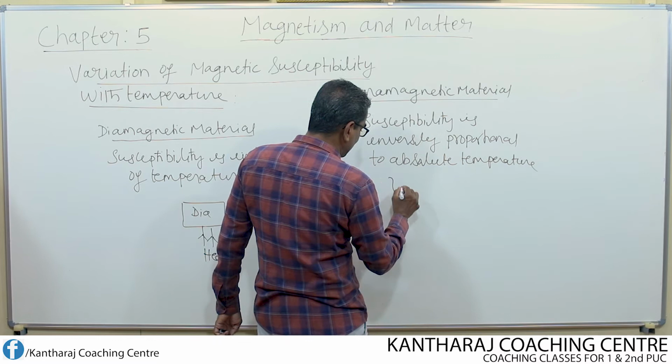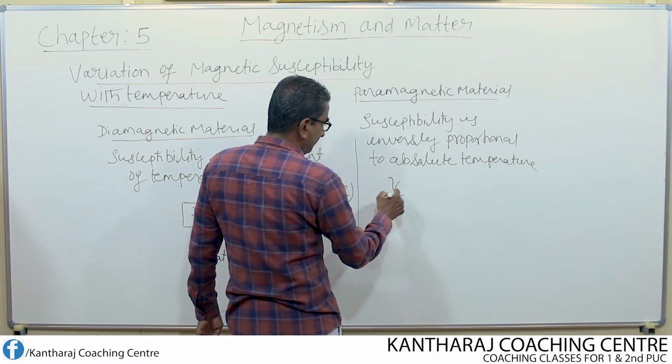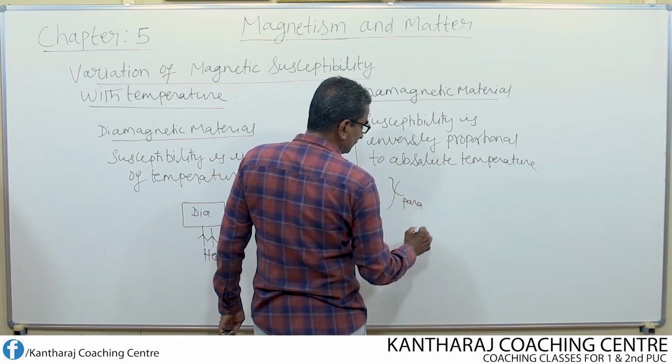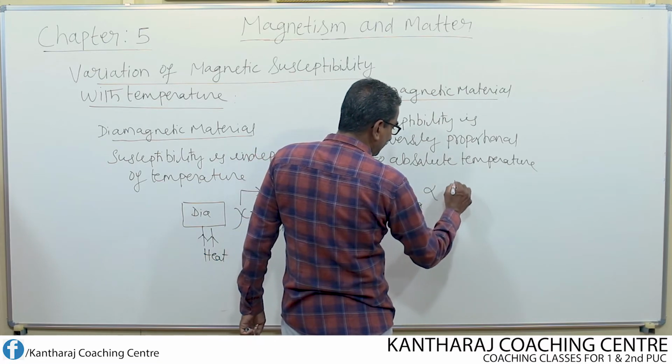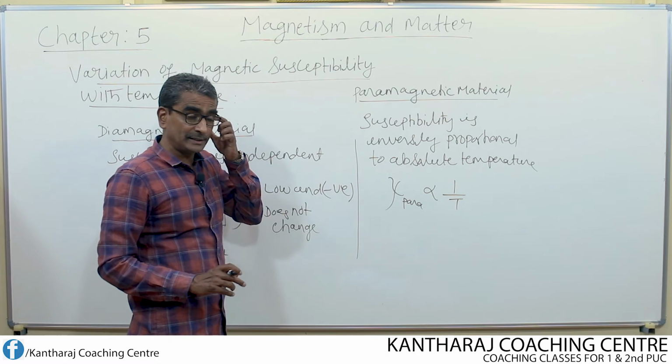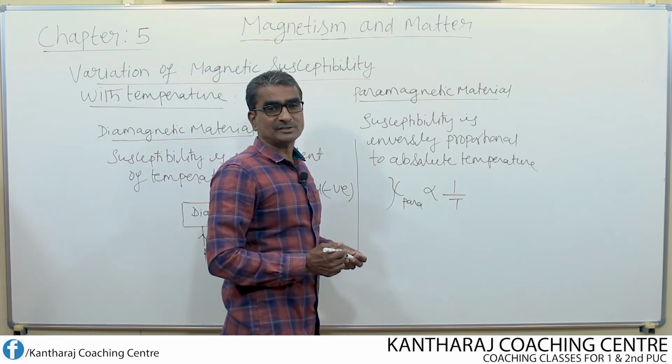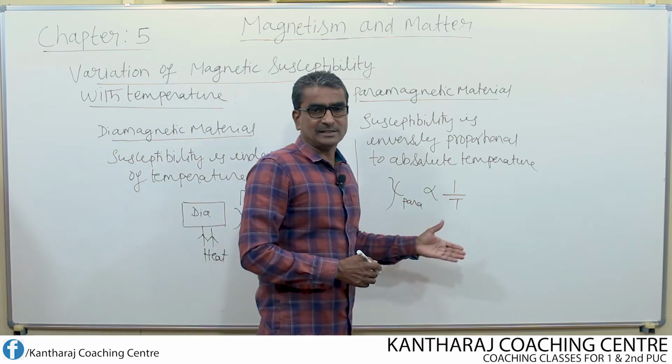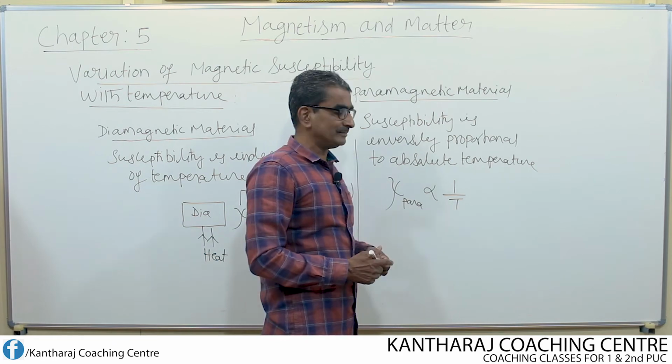So susceptibility of paramagnetic material is found to be inversely proportional to absolute temperature. So better write capital T, don't write small t. Small t refers to temperature in Celsius. So capital T generally refers to temperature in Kelvin.